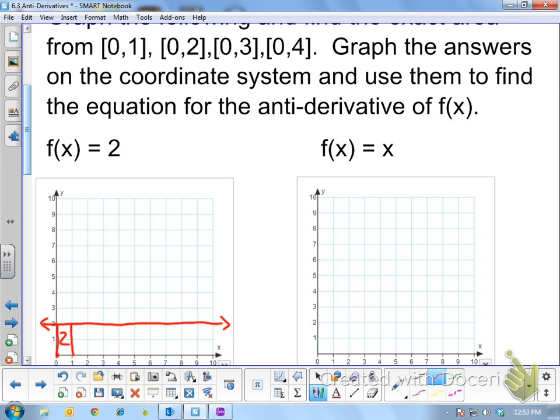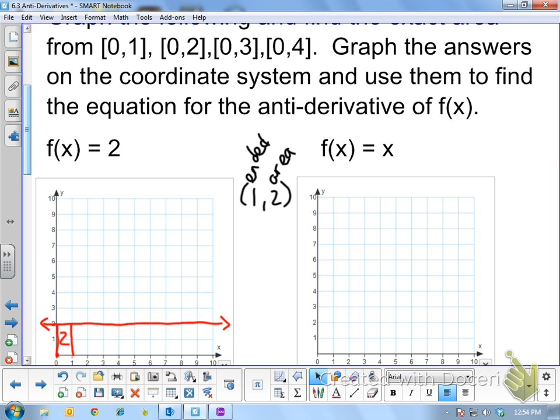So if we were to take our areas and make them into a function, that means we would actually have the coordinate (1, 2), because we traveled from 0 to 1, we ended at 1, and we had an area of 2. So this is where we ended. This was the area.